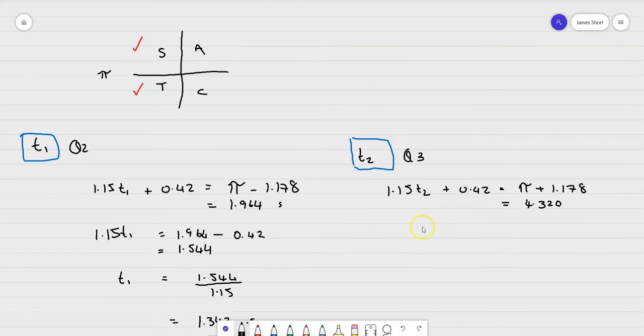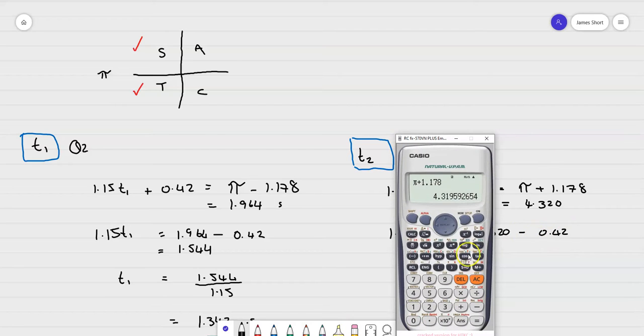Alright, so now we can take this phase shift to the side. 1.15 T2 is equal to 4.320 minus 0.42. That will come to 3.8995. So round this to 3 decimal places.